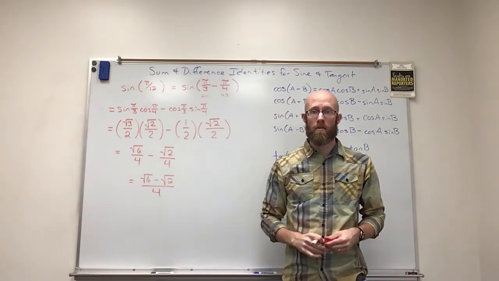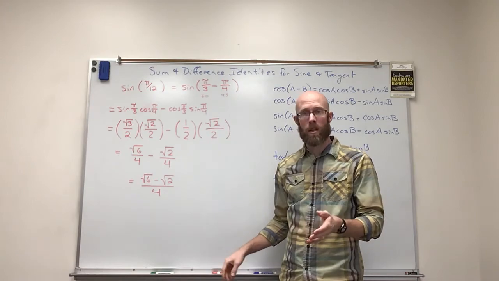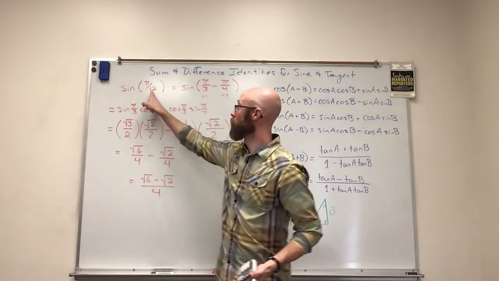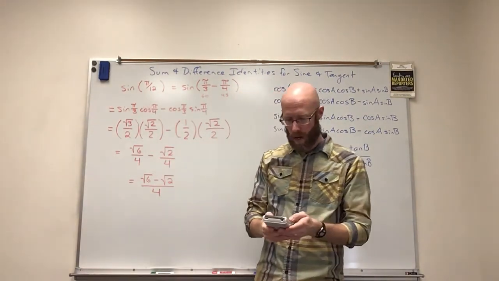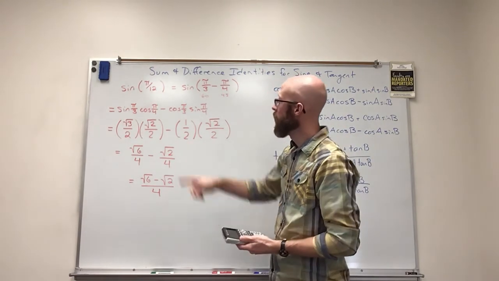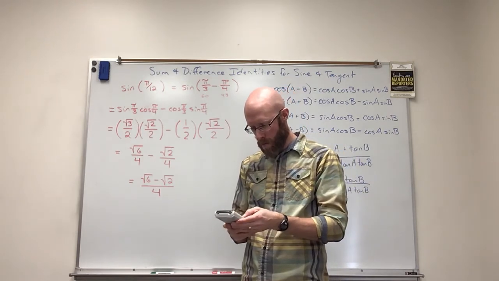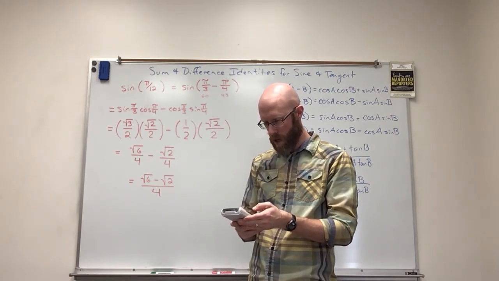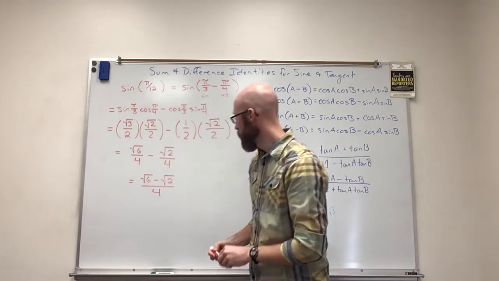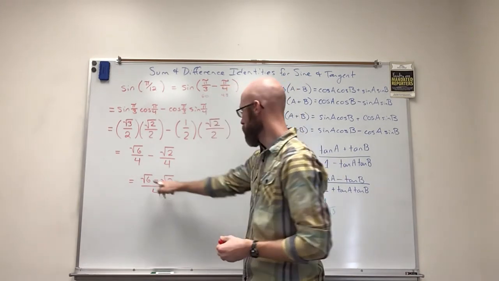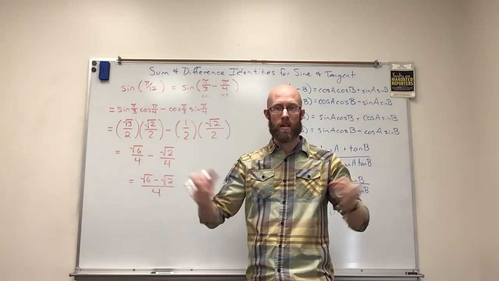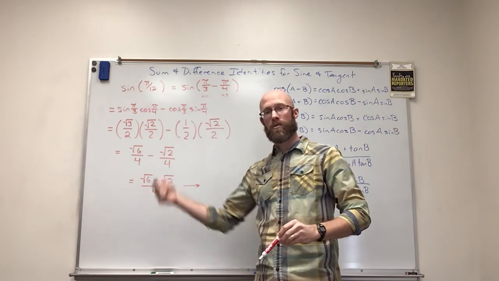Now just to quickly verify, I could go to my calculator, get the decimal values, and show you that this will work out. We are in radian mode, so when I go to my calculator, I've got to put this in radians, which I just did. Then we're going to type in the sine of pi over 12. Hit enter, and then I'm also going to put this in. When I put this in my calculator, I'm going to surround the numerator with parentheses. If you don't do that, you will get the wrong value and you'll think you messed up, but it's not that you messed up here, it's that you messed up on the calculator.